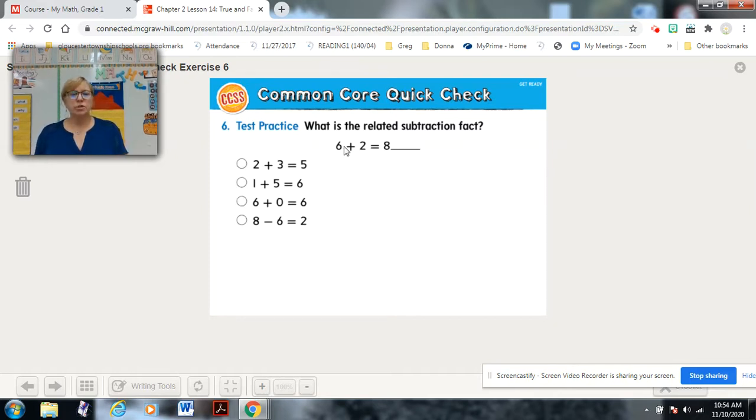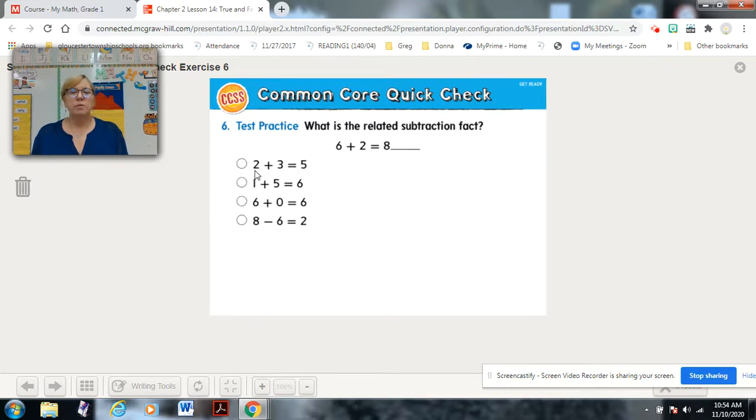So these 3 numbers are 6, 2, and 8, okay? So I am going to look for math sentences that have all 3 of these numbers, not just 1, not just 2, all 3, okay?